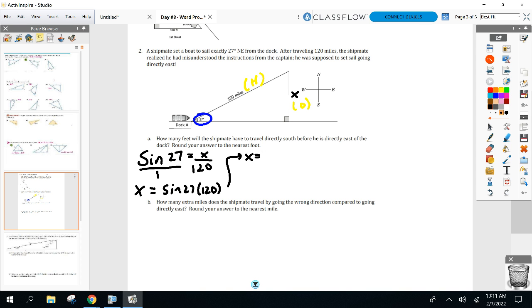Anybody not here on Thursday that needs to change their mode? Remember, mode must be in degree mode or we're not going to get the right answer. So you got to hit the mode button on the top and make sure it's in degree mode. And I don't want you to round yet, because remember, this is in miles. Our answer needs to be in feet. So make sure we don't round this bad boy.